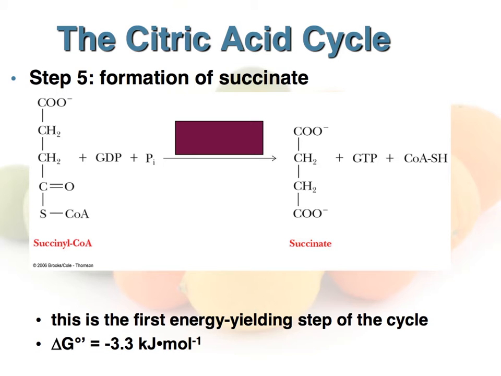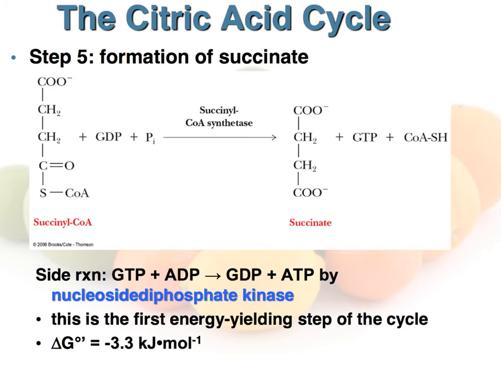And this is succinyl-CoA synthetase. It's one of those few times that it's named for the reverse. It makes sense going backwards, it would be a succinyl-CoA synthetase, because it's using GTP for energy to make succinyl-CoA.